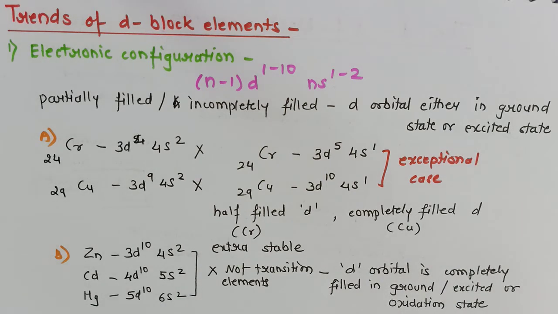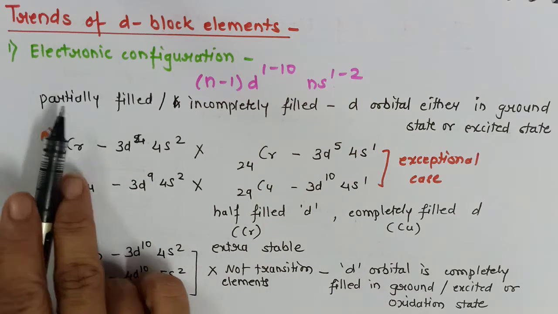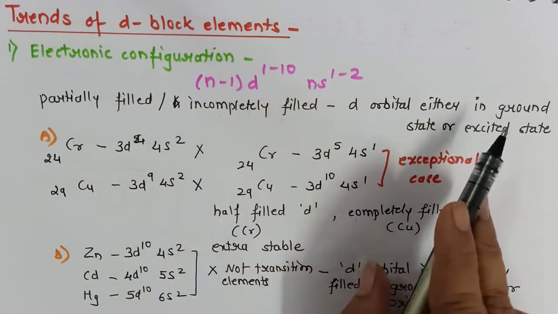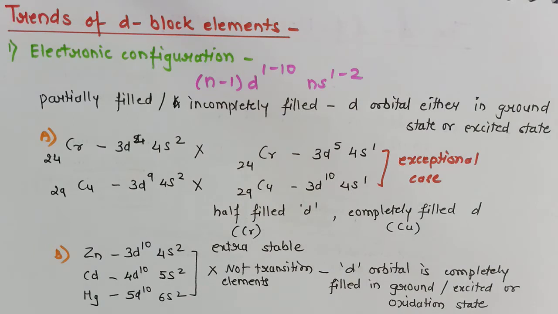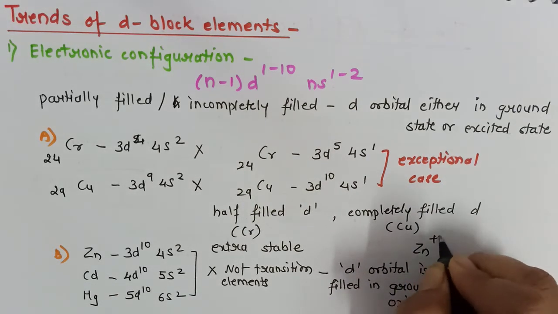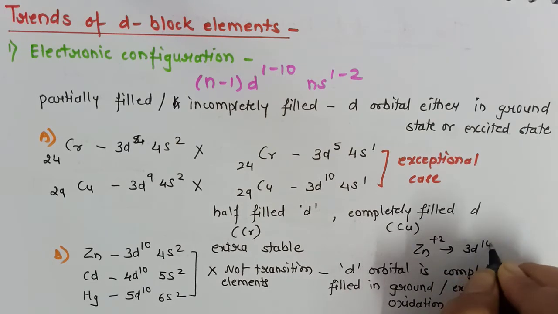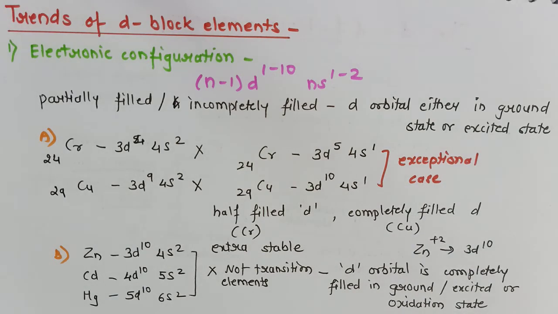And therefore they are not transition elements. For transition elements, what is the condition? Partially filled or incompletely filled d, either in ground state or in excited state. Like zinc. Zinc in +2 will show configuration 3d10, which is a completely filled d orbital, and therefore it is not a transition element. Similar is for cadmium and similar is for mercury.